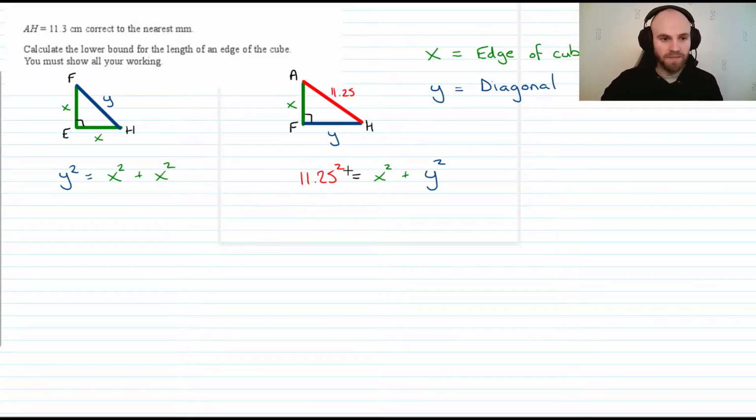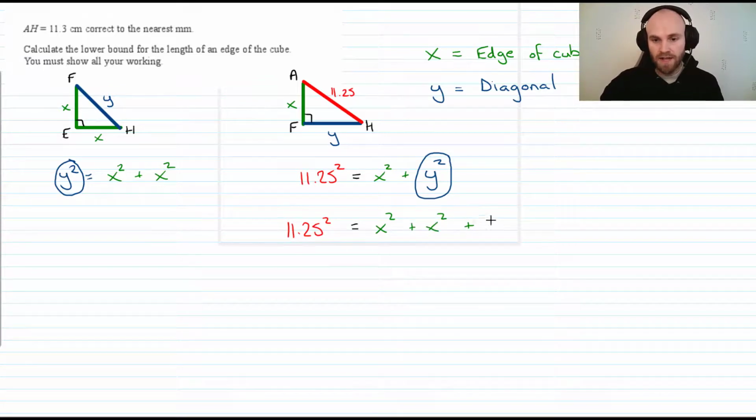Well, this is where you need to think a little bit outside the box, because here we have this y squared and this y squared, and it tells us that y squared equals x squared plus x squared. So we are going to sub that in to here. So it's going to be x squared plus y squared, but we're going to change this for x squared plus x squared, and that is going to give us 3x squared equals 11.25 squared.